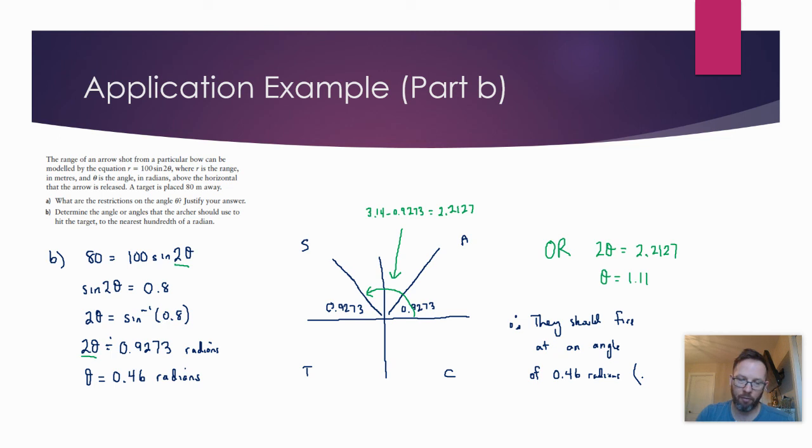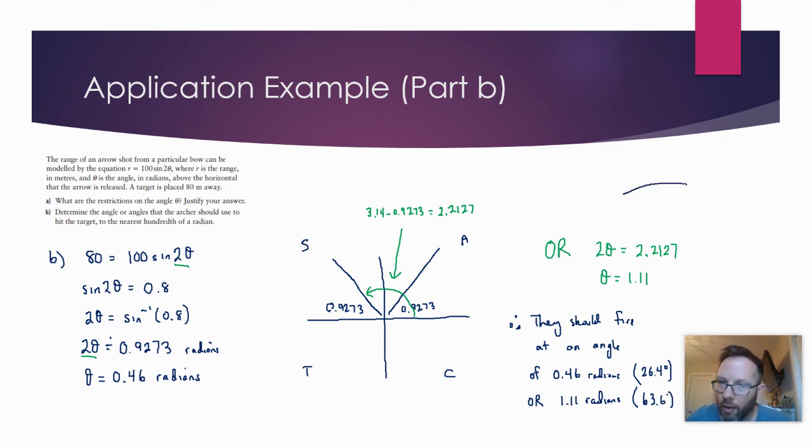To convert to degrees, remember we multiply by 180 and divide by pi. So about 26.4 degrees. Or our second solution was 1.11 radians. Converting that, times 180 divided by pi, gives 63.6 degrees.